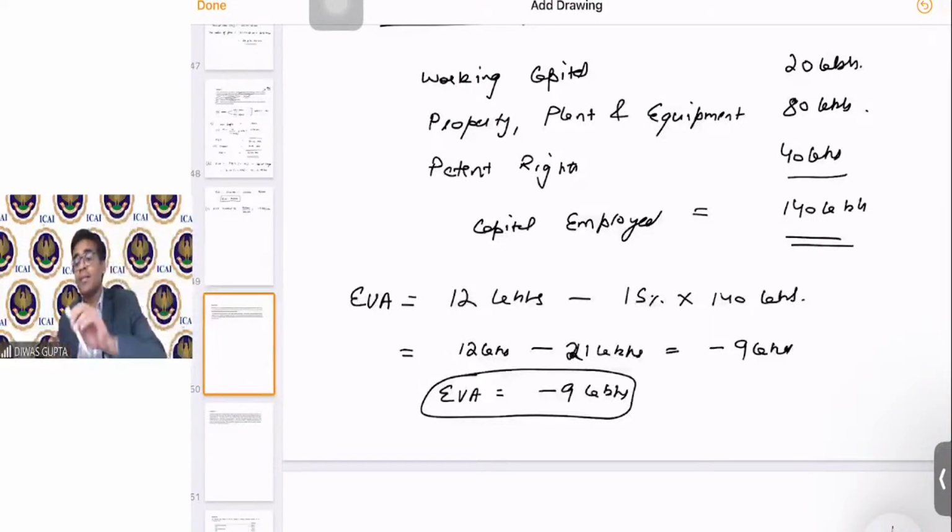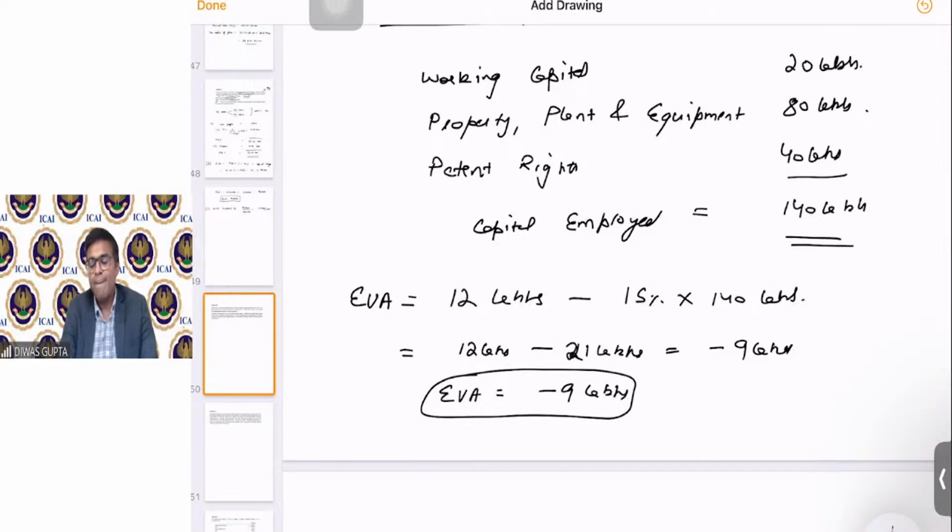That means we are short. 40 into 0.15, if I do, it becomes 6. Still, it was negative. Even if we don't adjust for the patent rights, even if the shareholders don't demand their capital charge on the patent rights, still they will have a shortfall of EVA.